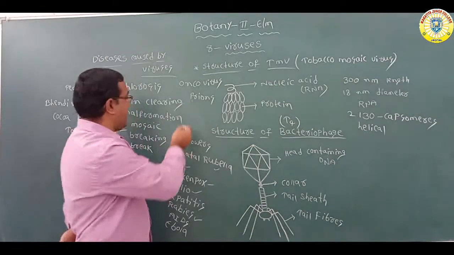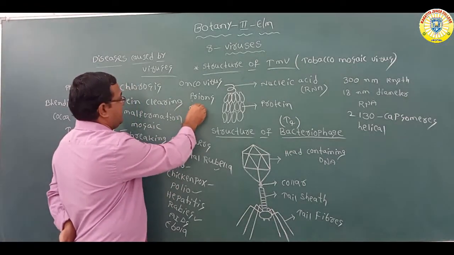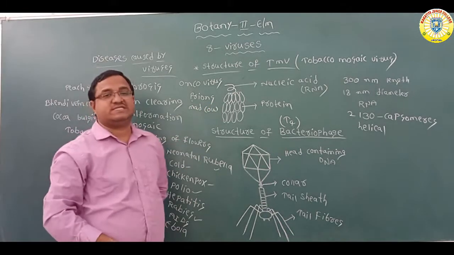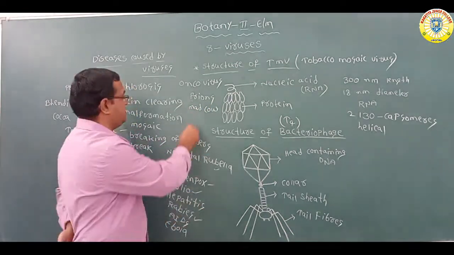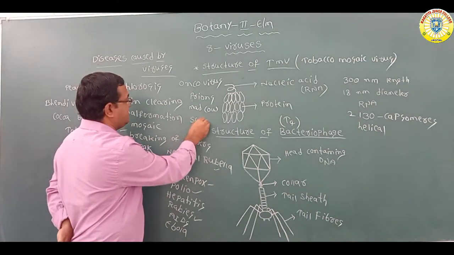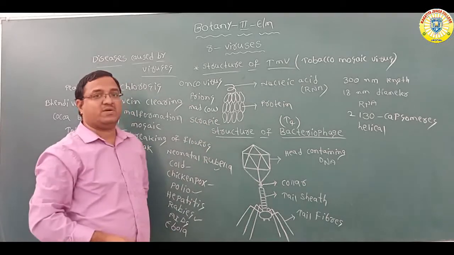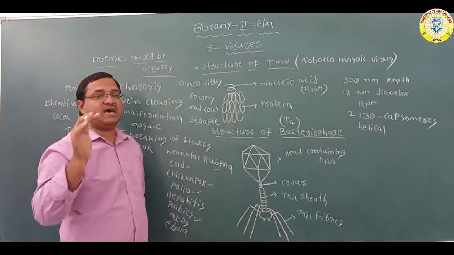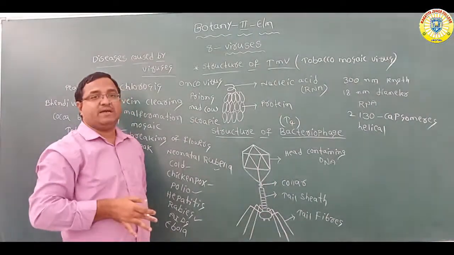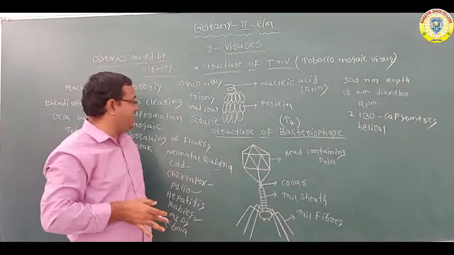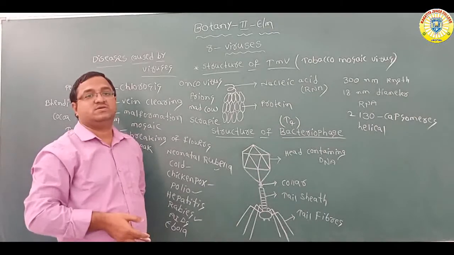You can see mad cow disease in cows and scrapie disease in sheep. These two diseases are caused by prions.